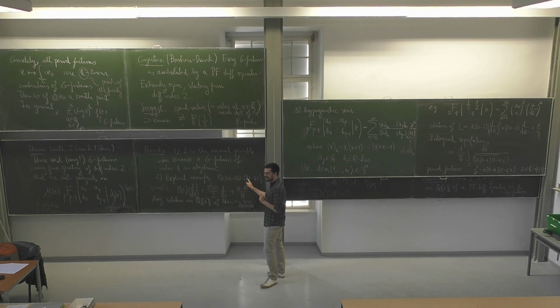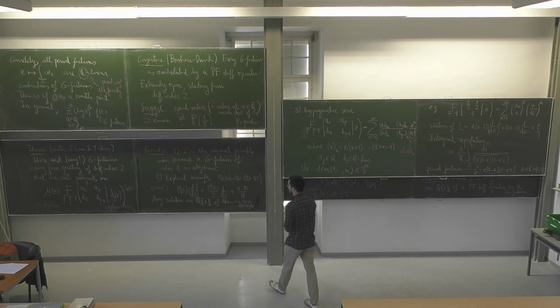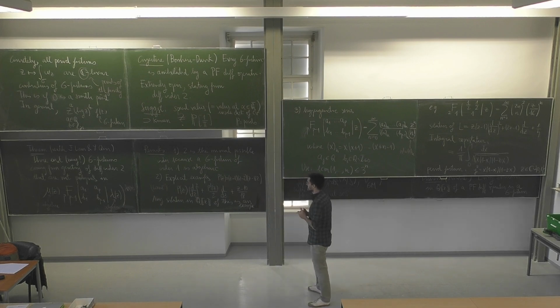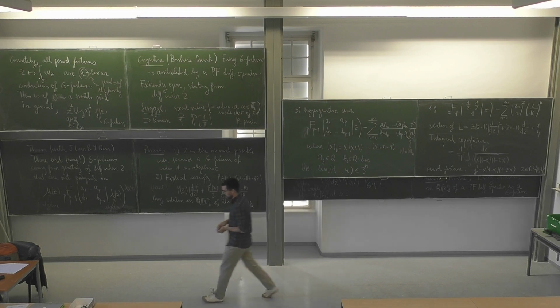What is minimal is the number of singularities. So there are no examples with 3 singularities, but this is just an example. I will maybe tell you how it is produced. Okay, that was the second remark.